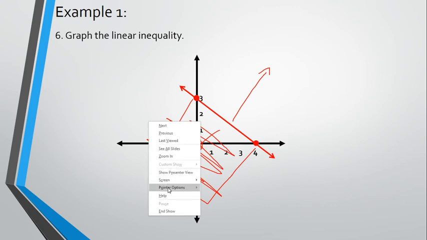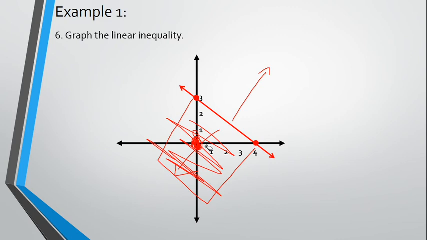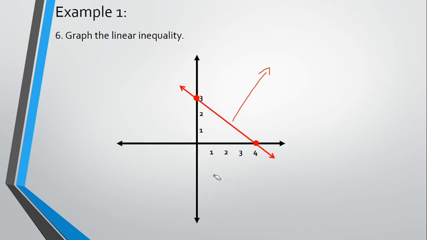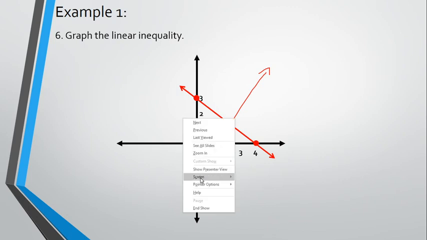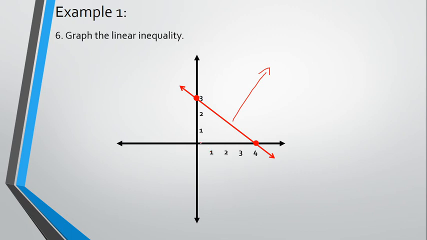On the other hand, if the result of our testing point is a false statement, so let's say for example that our testing point is the 0, 0, but the result was a false statement, then our plane must not pass through the origin, but rather it will pass through the other side.